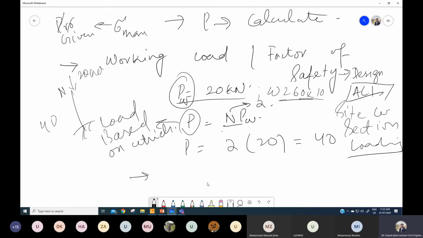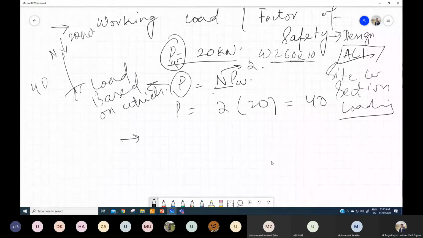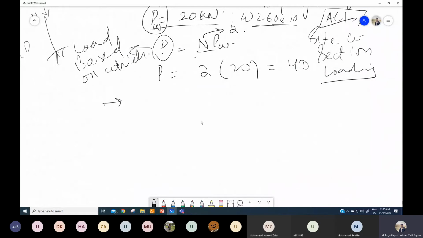And the second thing is the maximum stress. For example, this is the formula for the maximum stress. For any cross section, or any type of steel member or even concrete member, we have an ultimate stress at which it is going to break.